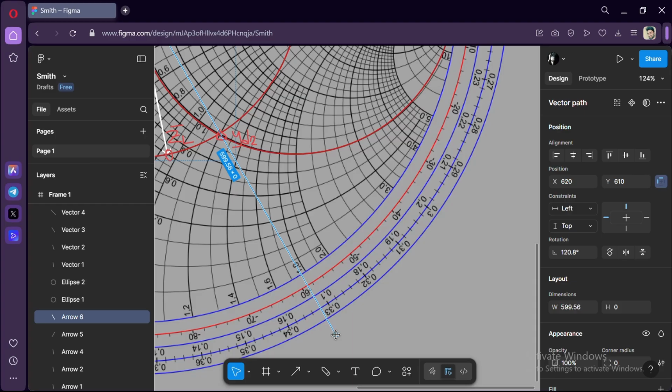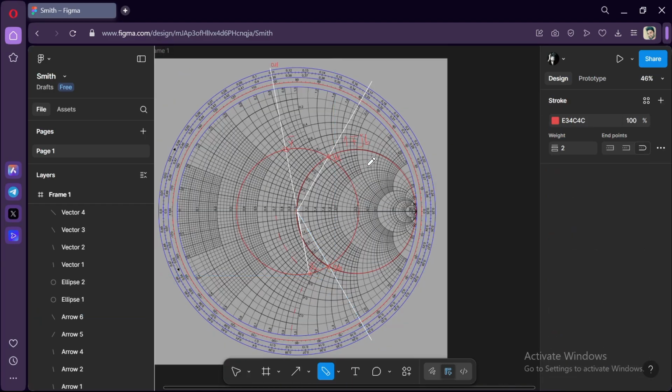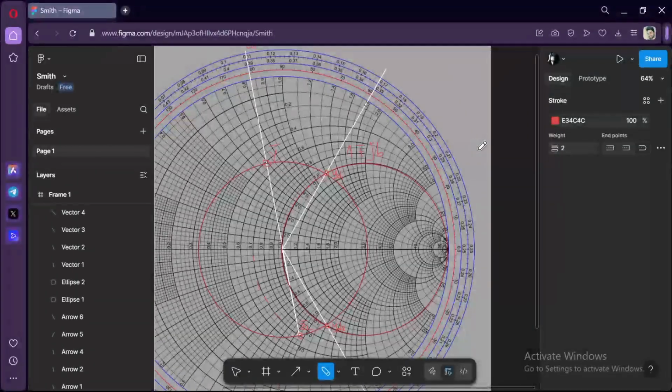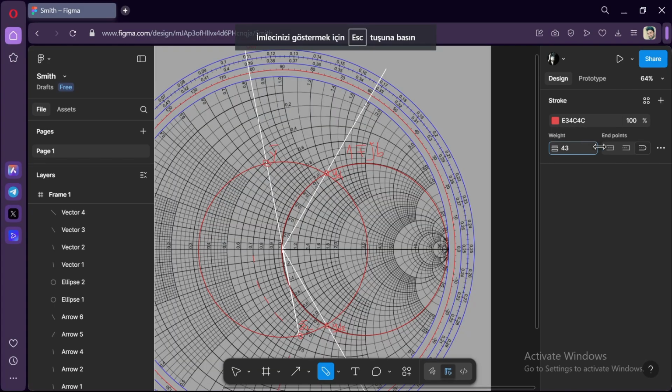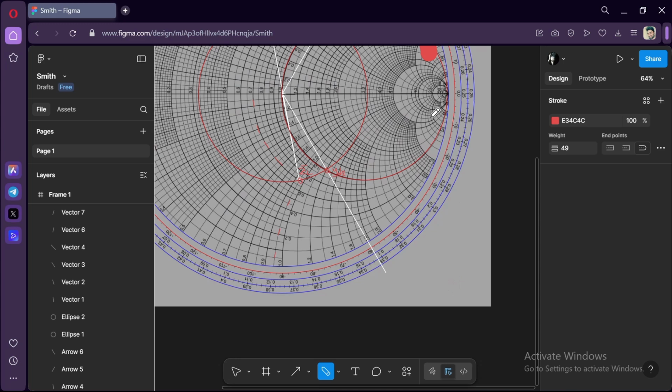Okay, and the second distance for the d value, this here, from this admittance value to here, this is the d1. Okay, and you keep going until this one, this is d2.